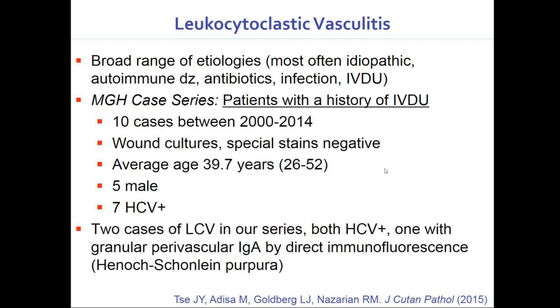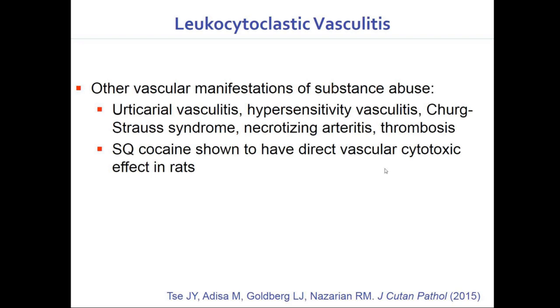It's important to note that there are other vascular manifestations of substance abuse, so we could have easily seen a hypersensitivity vasculitis, urticarial vasculitis, Churg-Strauss syndrome, now known as eosinophilic granulomatosis with polyangiitis, and so forth. Indeed, subcutaneous cocaine injections have a direct vascular cytotoxic effect in rats in some studies.